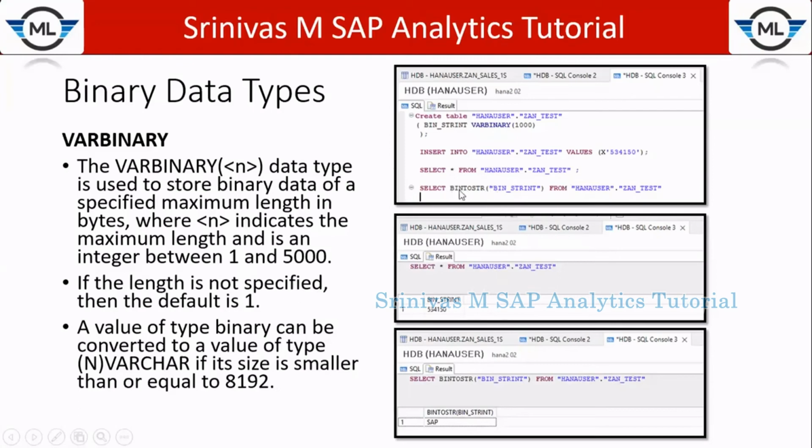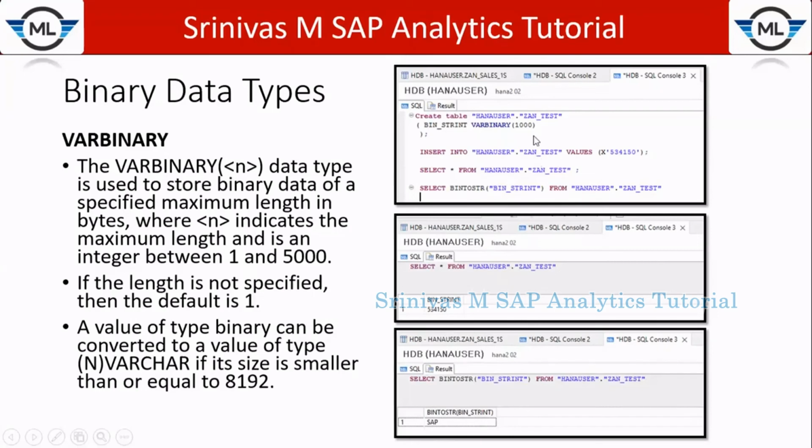To do so, I can use the function bin to string, where bin means binary, and provide your binary information here. You see 534150 is nothing but SAP. If we convert this binary into a real character string, it comes out as SAP.